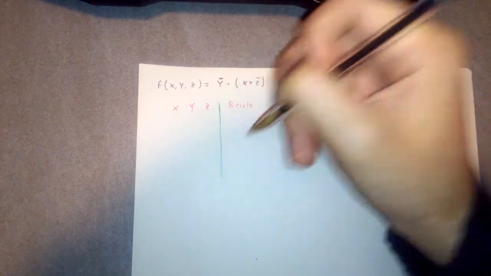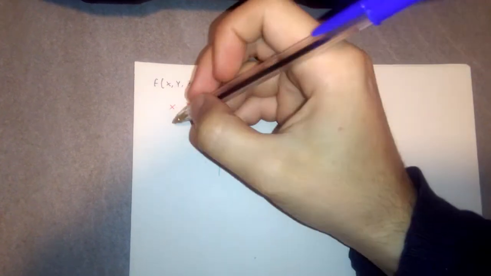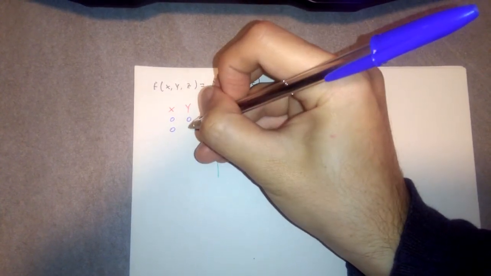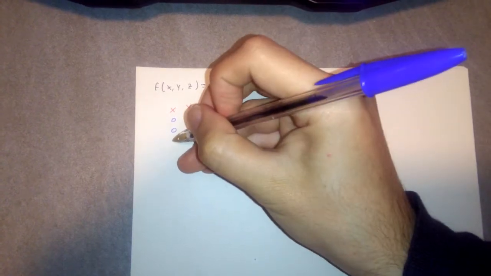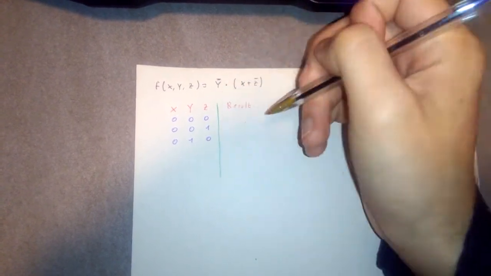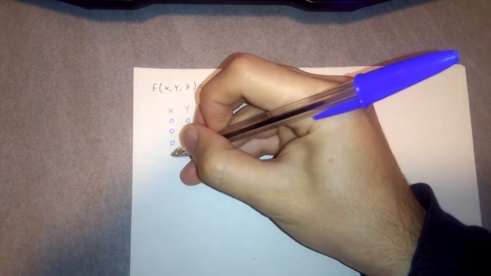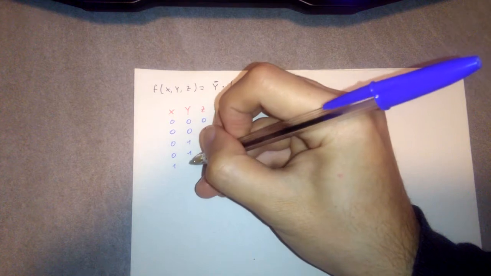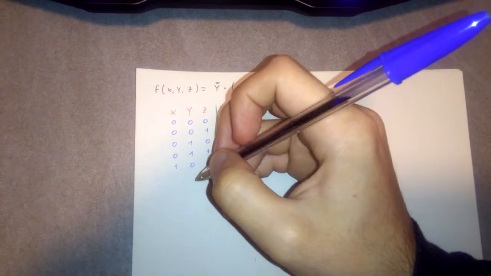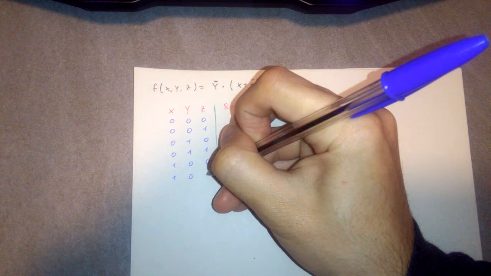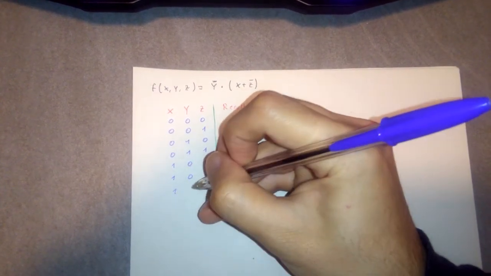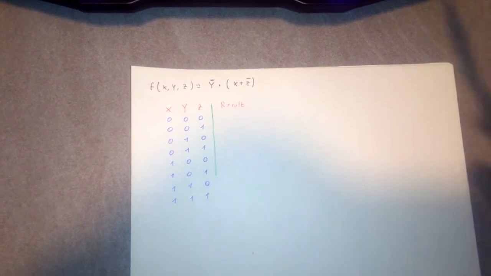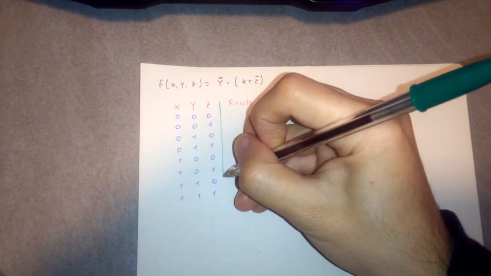So let's do this. I have 000, 001, 010. I'm just counting right now. 011, 100, 101, 110, and then 111. I'm going to make this one a little bit longer.